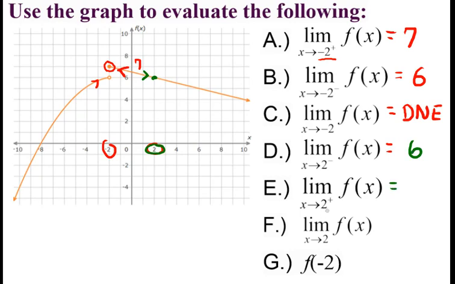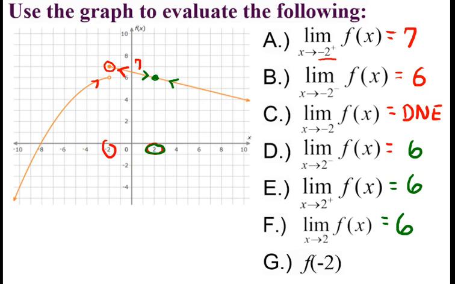And then part E says 2 coming in from the right, so all the numbers bigger than 2. It looks like it's also approaching 6, which means that the two-sided limit for x approaches 2 would be 6, due to the fact that it's approaching the same number from the left and from the right-hand side.